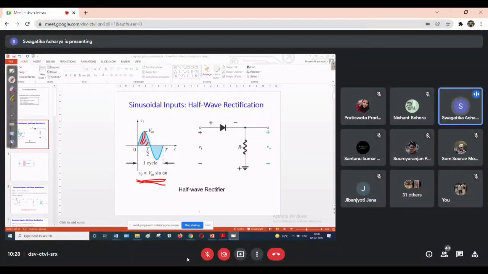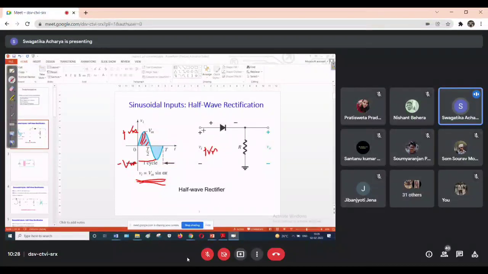Whenever the positive half is there, positive half means here it will be the positive Vm value, because this is plus Vm and here it is minus Vm, correct or not? So it gives the positive output also. You see here you are getting positive Vm.